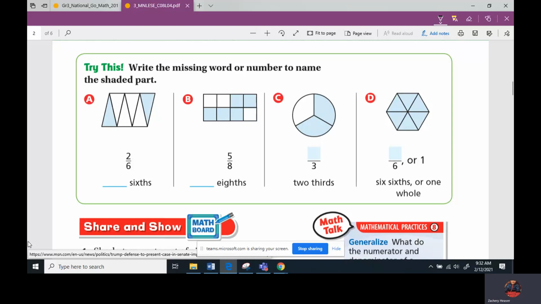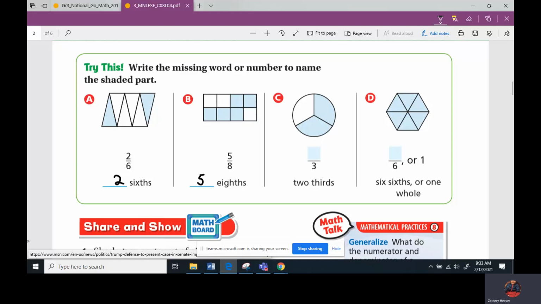Write the missing word or number. Oh, okay. This one wants the shaded part. So 1, 2, 2/6. Now we have 1, 2, 3, 4, 5. What's this? 5/8.